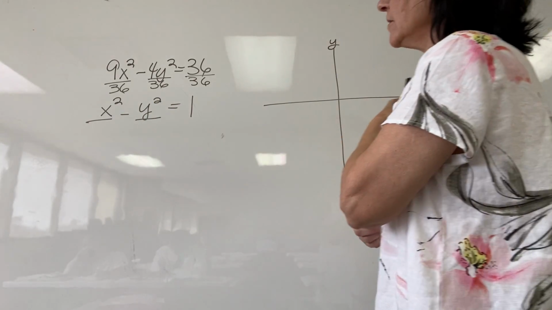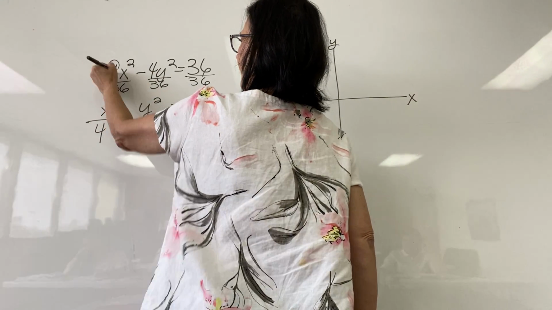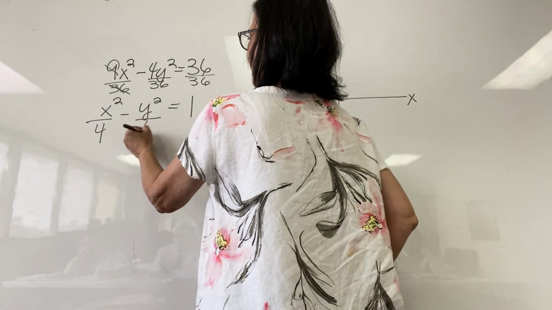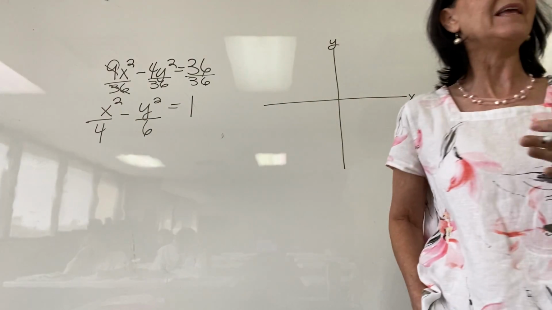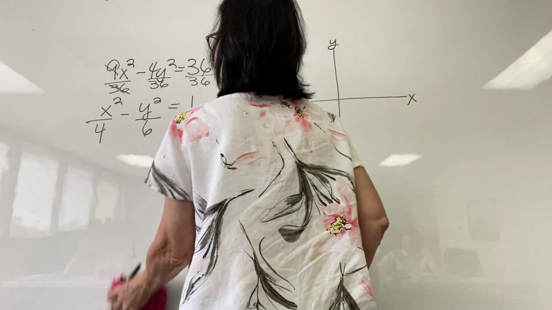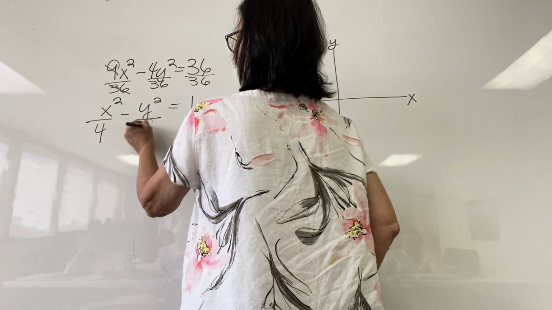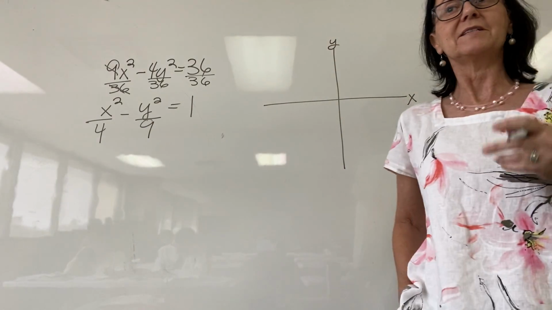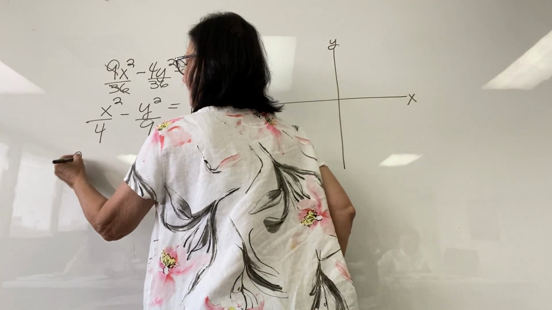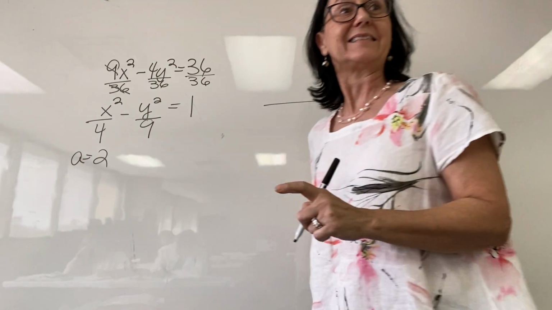My denominator under x will be 4 as we simplify, right? And my denominator under y will be 9. Exactly, 9. I knew the square root of 6 doesn't work, and this was a perfect square. So what is my A value? 2, yes.